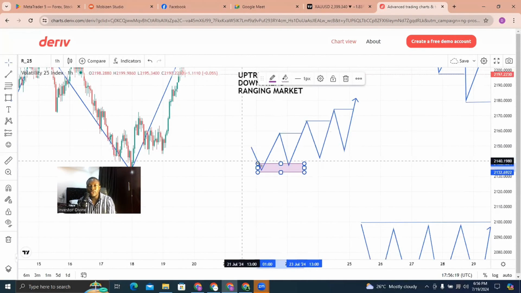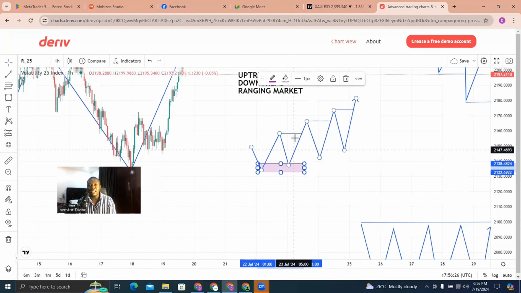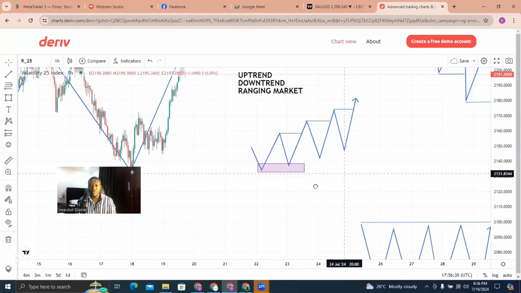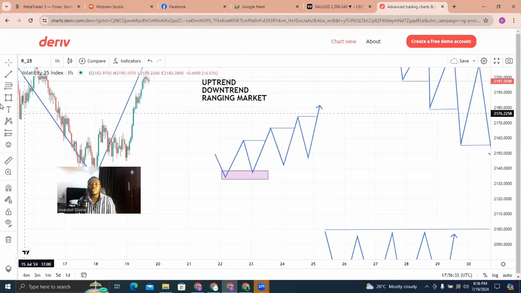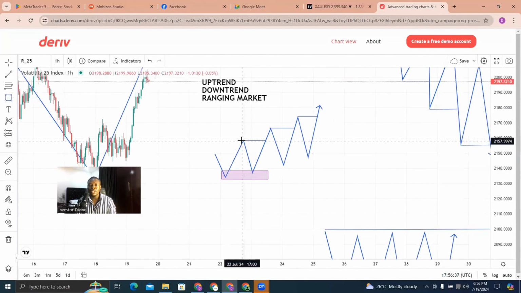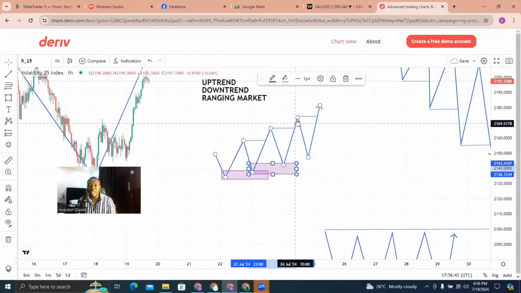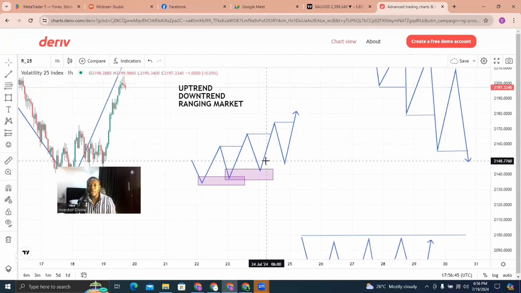So there's a zone somewhere here where market sold to, then after getting to that point, market reversed and continued its buy trend. That zone is called a demand zone. So there's a particular demand zone over here that made this market reverse and start going up. Likewise here.